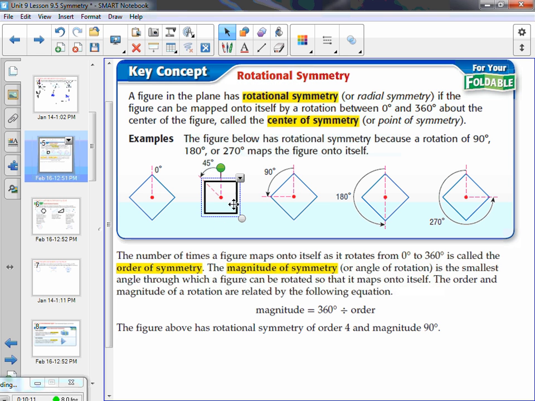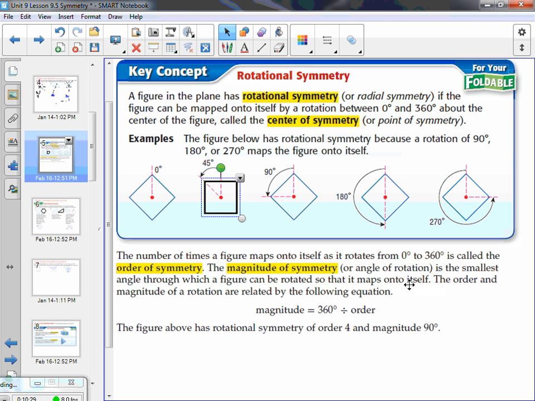Okay, yeah, I know. 360, it's got to be back to what it started with. So that counts, though, as the fourth one. Otherwise you're hanging, right? You never get back around to where you started. So you got to do that fourth turn to get back to where you started. So the order of symmetry for that one is 4.